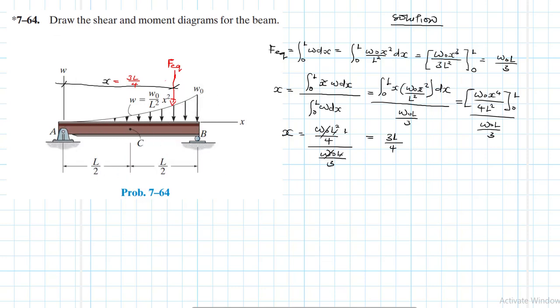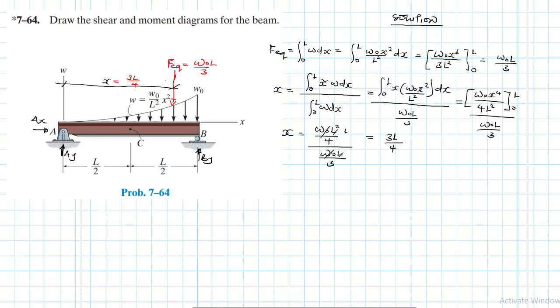At A, we expect support reactions A_Y and A_X, and at B we only have B_Y. Of course, the equivalent force is w naught L divided by 3.